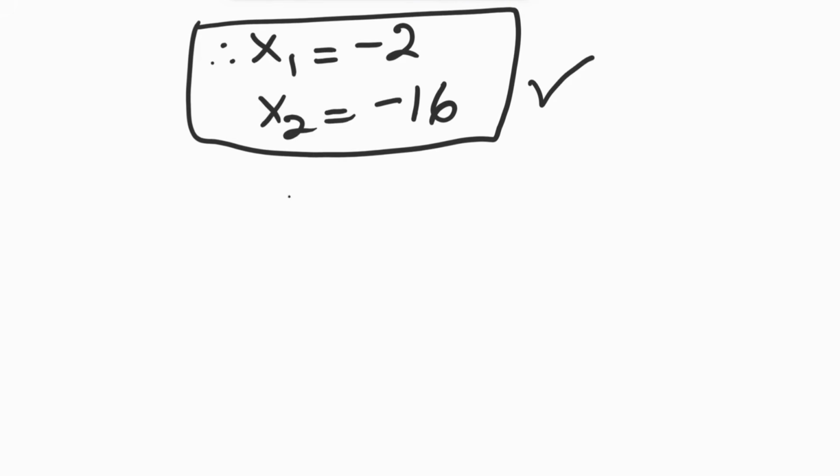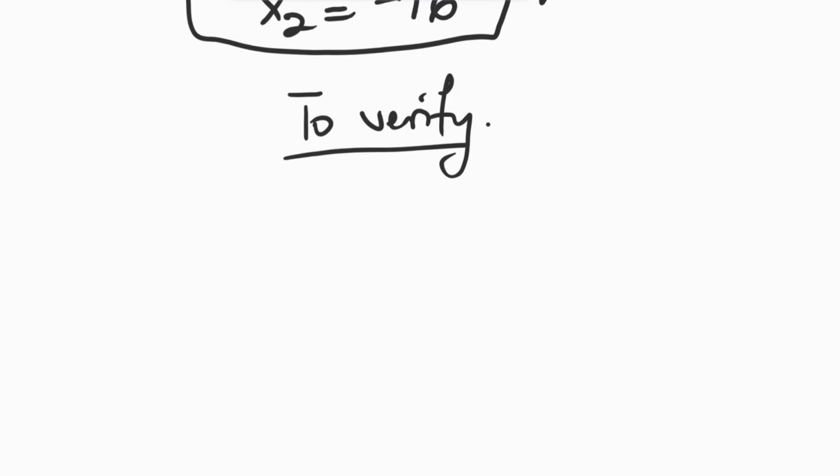Now, we need to verify our values of x just to make sure that they are correct. So if we plug in our x values into our question, we're trying to prove that after simplifying the left-hand side, whatever value we get is also going to be equal to the value we have on the right-hand side.